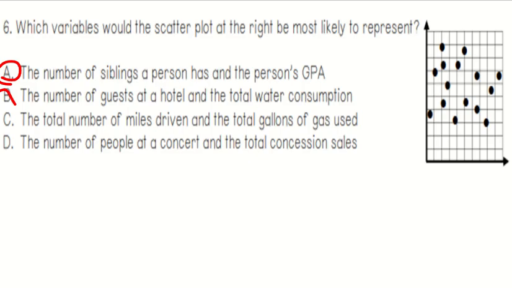Well, y'all, the more you drive, the more gas a car is going to use. Even if it has good gas mileage, it still works that way. Even if it doesn't use a lot, a little bit is still going to be more. D says the number of people at a concert and the total concession sales. Well, you would assume more people, more concessions they buy, right? So again, another one that would probably be positive.